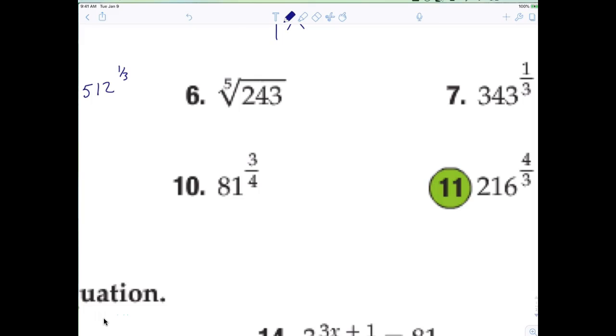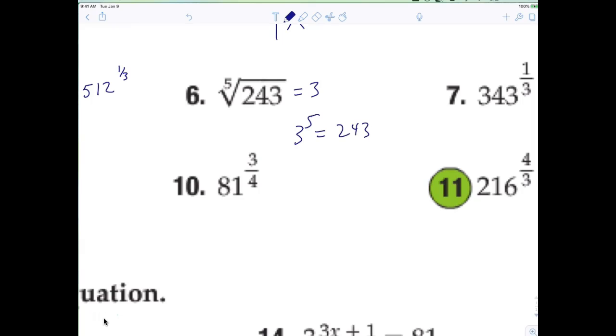I want to say this one more time, guys, because I do think the explanation is super important. Can someone tell me why the answer is 3? Because 3 times 3 times 3 times 3 times 3 is what? If you were to take 3 to the 5th power, what is it equal to? 243.